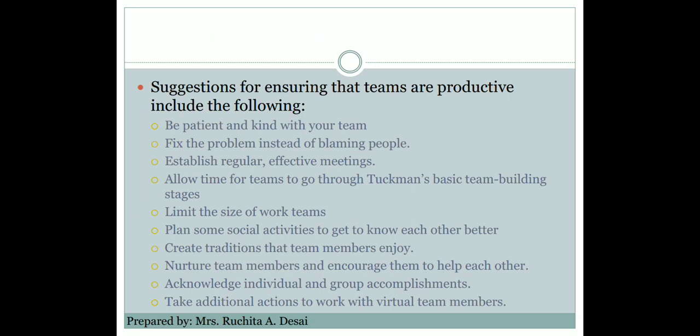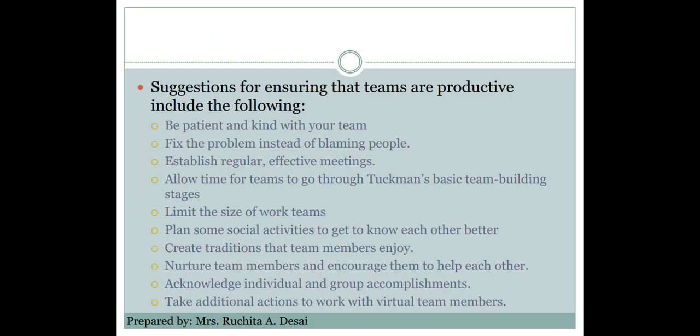Allow them to fight; there is some storm between the team members. Then give them time to go into the norming stage, and at the end they can reach the performing level. So give them some time to go through the team building model. The next is limit the size of the work teams to three to seven members.